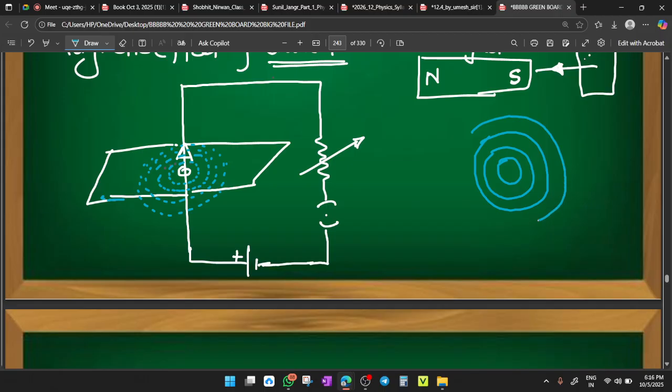In this way, the magnetic field due to current was discovered, produced with the help of only current. That's why this topic is called the magnetic effect of current.